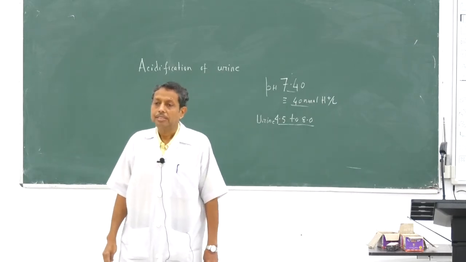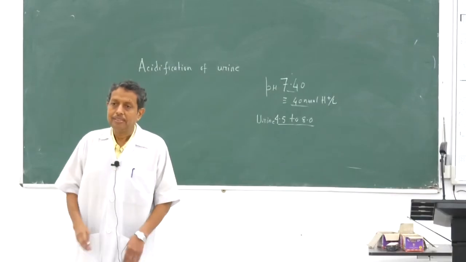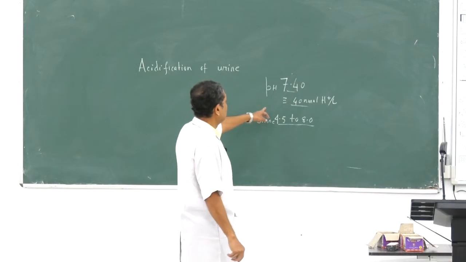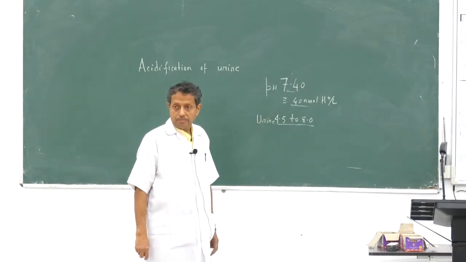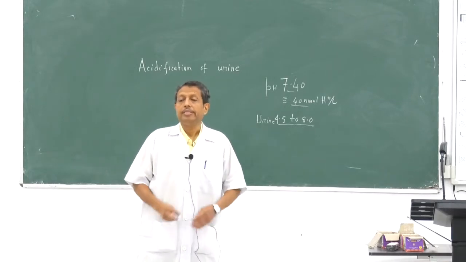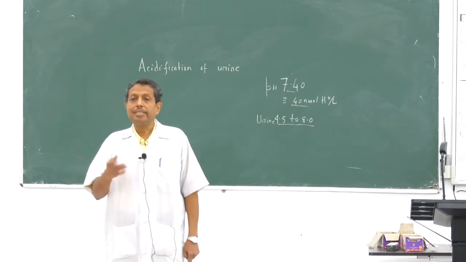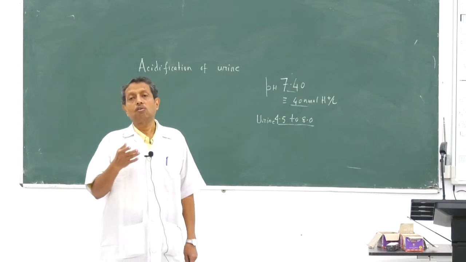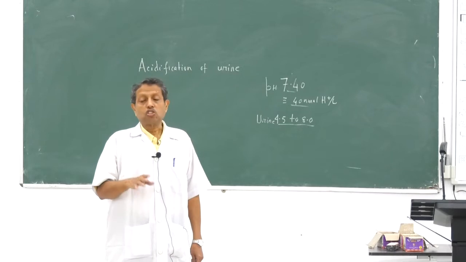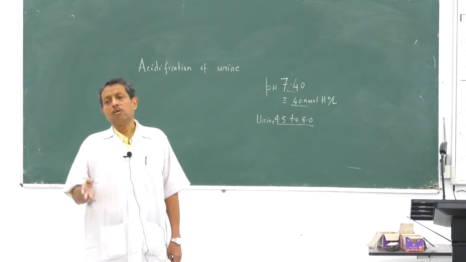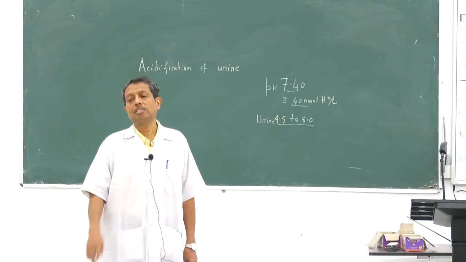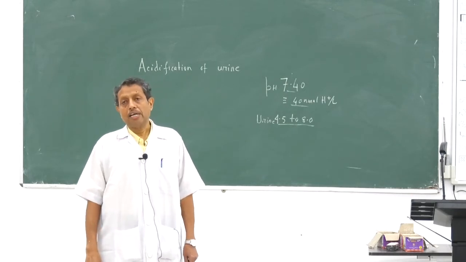This is the range of urine pH, and so it is different from that of the plasma or extracellular fluid, and it has definite implications. It helps to maintain the hydrogen ion concentration in the body constant, in the proximal tubules and also the distal nephron. All parts of the distal nephron have the capacity to secrete hydrogen ion.